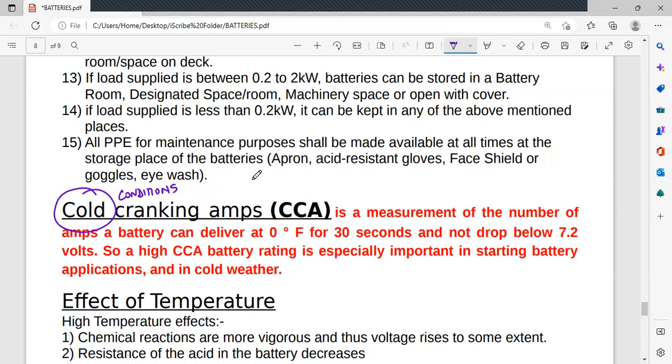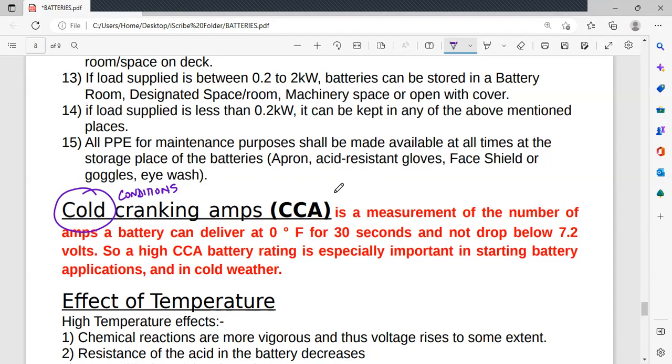Whatever the conditions, and we are talking about cold conditions in particular, because in cold conditions, even your car battery sometimes is unable to crank and start up your car in very severe conditions. So what is cold cranking amperes?